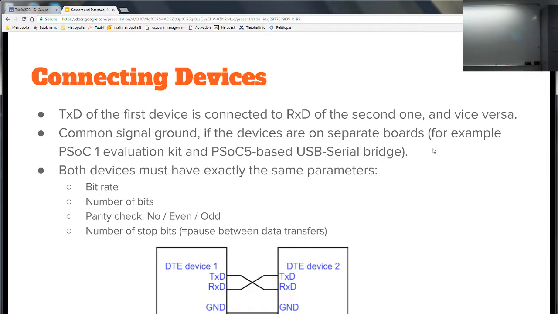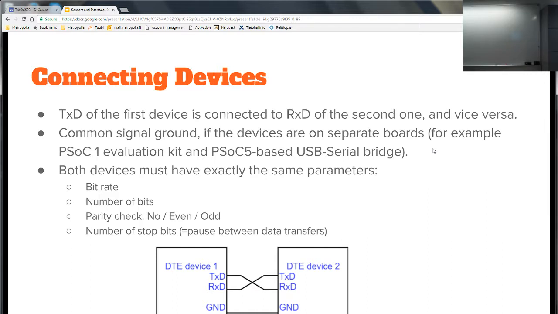DTE is data terminating equipment, meaning the old-fashioned terminal for a mainframe. And when PCs started to come in, they were also connected to the mainframe, so they were also defined as DTE systems. And there's only one practical circuit on the DCE side, which is the modem.